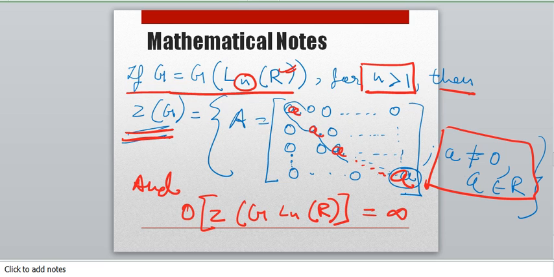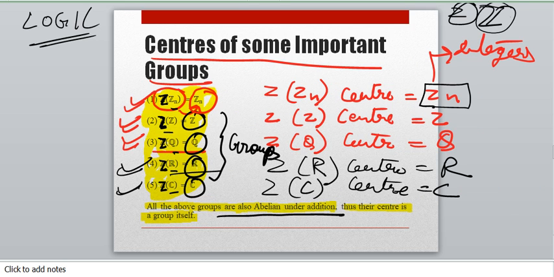So in this video, what did we learn? I spoke to you about the centers of some important groups, and I made some corrections. The center of Z_n is Z_n of order n. The center of the group of integers is the integers.